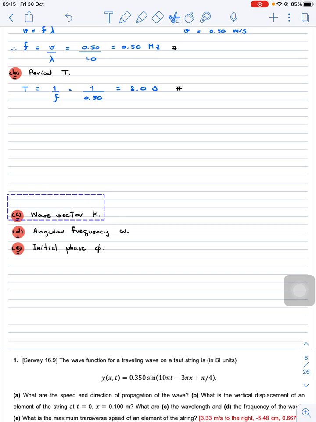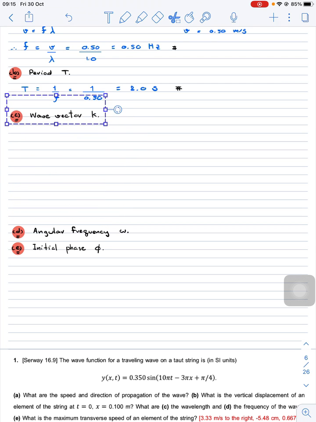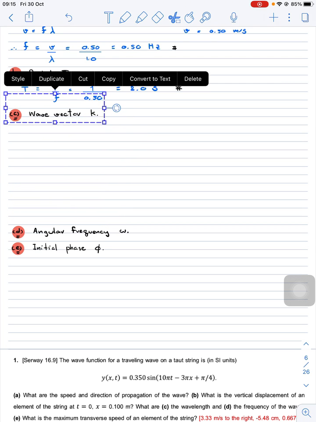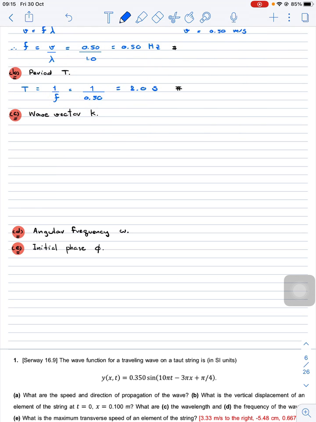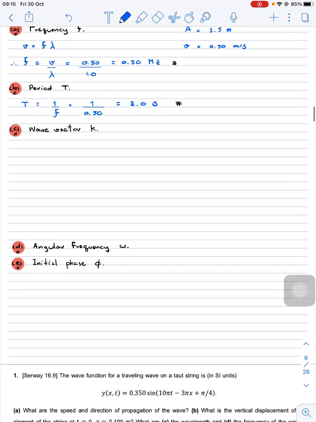Now for part C, the wave vector k. k equal to 2 pi over lambda.